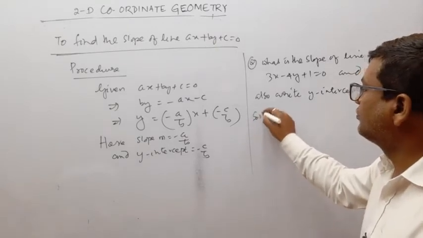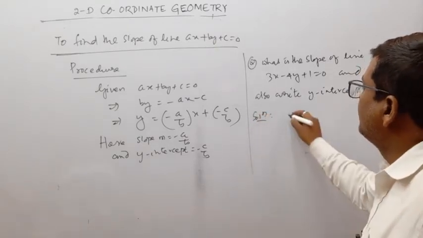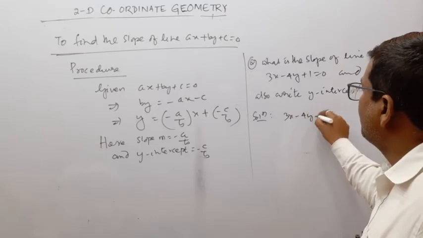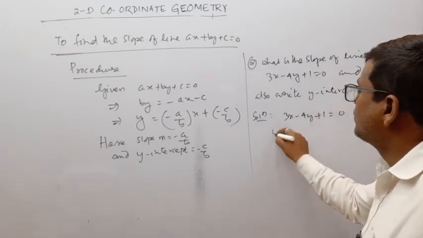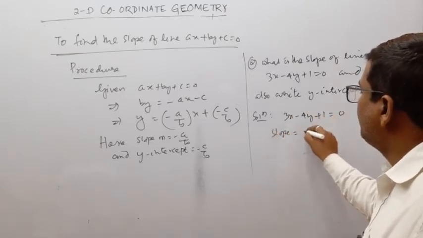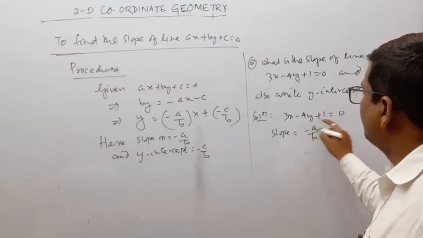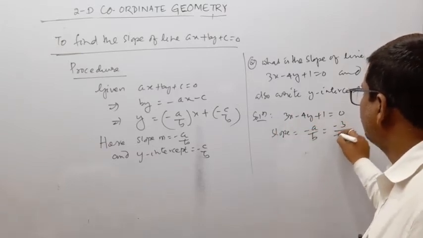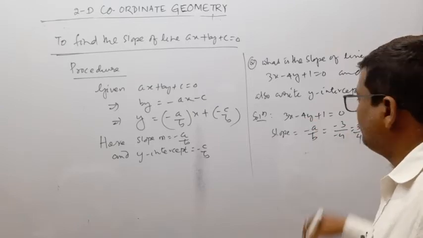Solution: 3x minus 4y plus 1 is equal to 0. Slope is equal to minus a by b, so minus 3 by minus 4, that is 3 by 4.